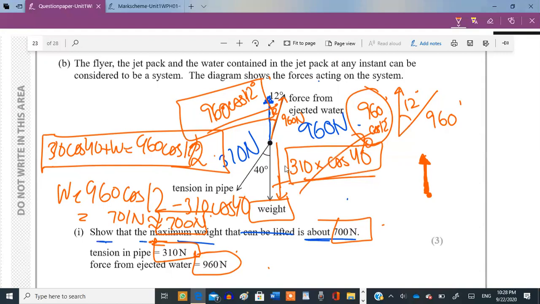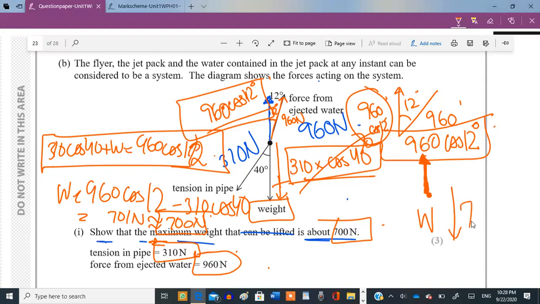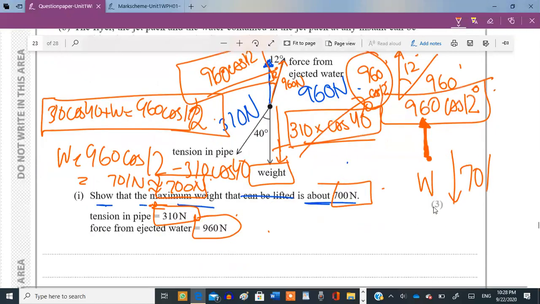If this component is 0, then that actually means the weight itself is being balanced only by the 960 cos of 12, and it's not actually being balanced, but rather the 960 cos of 12 is acting upwards and the weight, the 701, is acting downwards, right? Can we calculate the net force or the resultant from these two values?